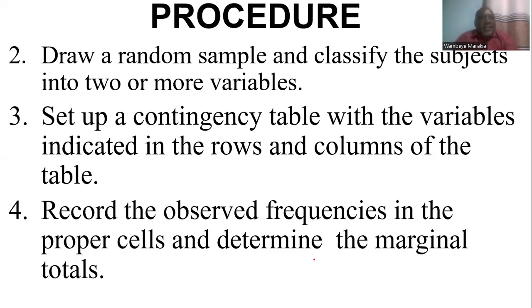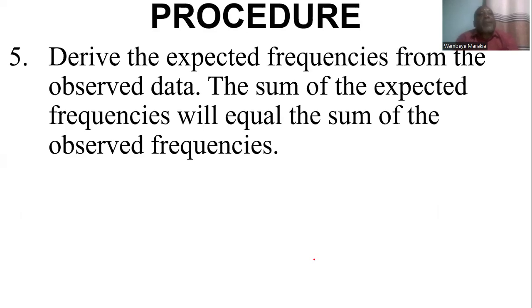Now, after drawing your contingency table, record the observed frequencies in the proper cells. After you've done that, there's something we call marginal totals. I'll show you how we calculate them later. From these marginal totals, we derive the expected frequencies from the observed data.